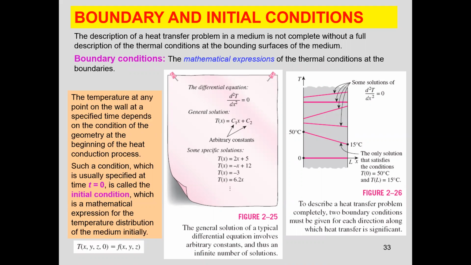What becomes more important after we have developed these equations is actually understanding the boundary and initial conditions, because that is how you're going to solve most of these equations in real life. The description of a heat transfer problem in a medium is not complete without a full description of thermal conditions at the boundary surface of the medium.